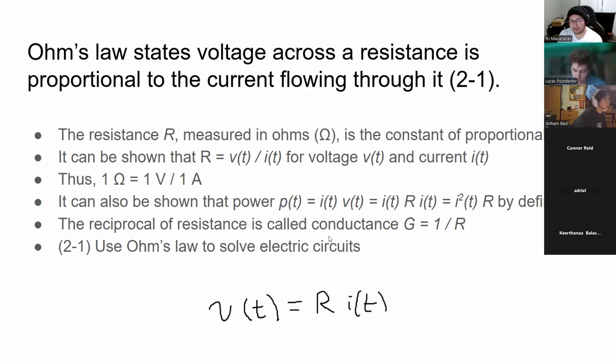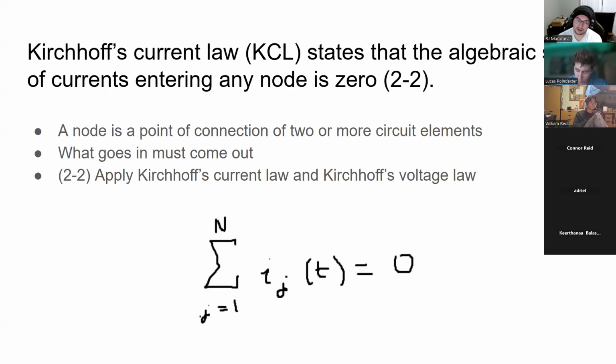So conductance is just the reciprocal of resistance, right? So when something is more resistive, it is less conductive. Something's more conductive, it's less resistive, right? And just something to keep in mind. Some people analyze circuits using conductance, right? Just because it makes it easier for some things. But for the most part, we'll be looking at resistance.